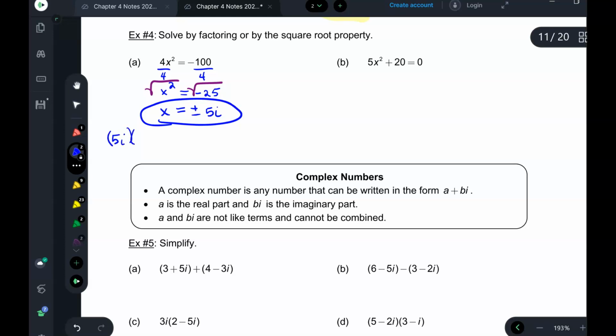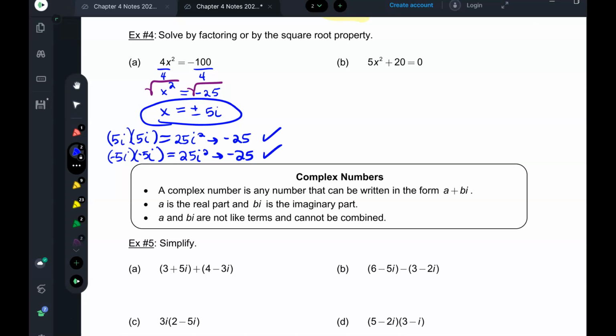So if I do 5i times 5i, this would be 25i squared. Isn't that -25? So would -5i also be an answer? Yeah, so I get -25. This is kind of the check, if you wanted to do it. Okay, let's subtract 20.